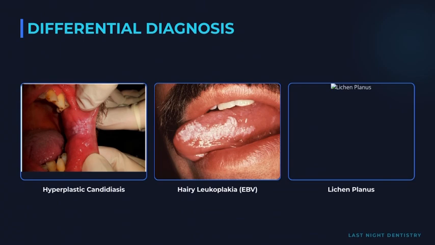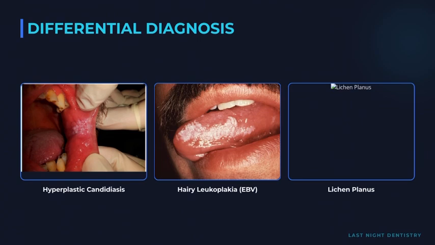Moving forward, now let's quickly cover other conditions that can appear white in the oral cavity. First, infections include chronic hyperplastic candidiasis, as you can see here, hairy leukoplakia associated with Epstein-Barr virus, and syphilitic mucous patches. Immune-mediated conditions include lichen planus and lupus erythematosus.